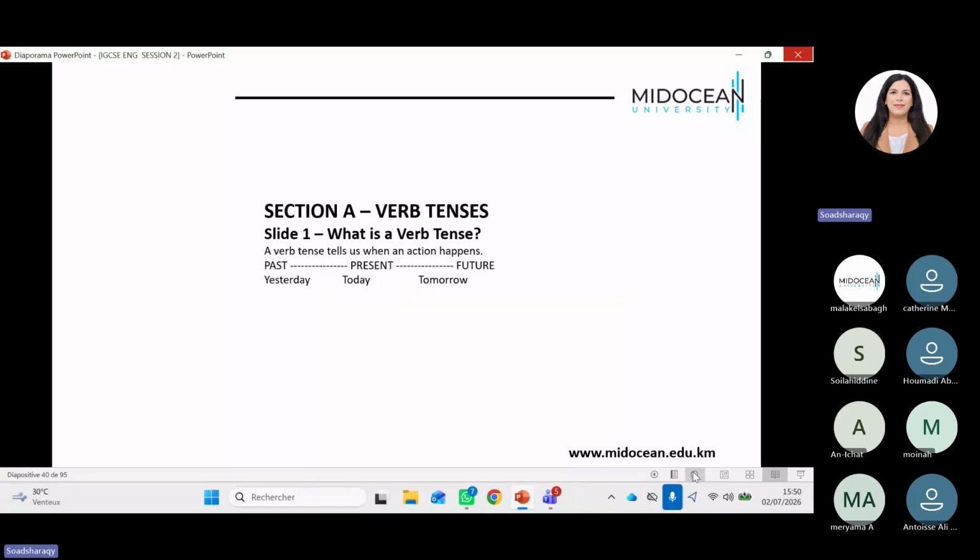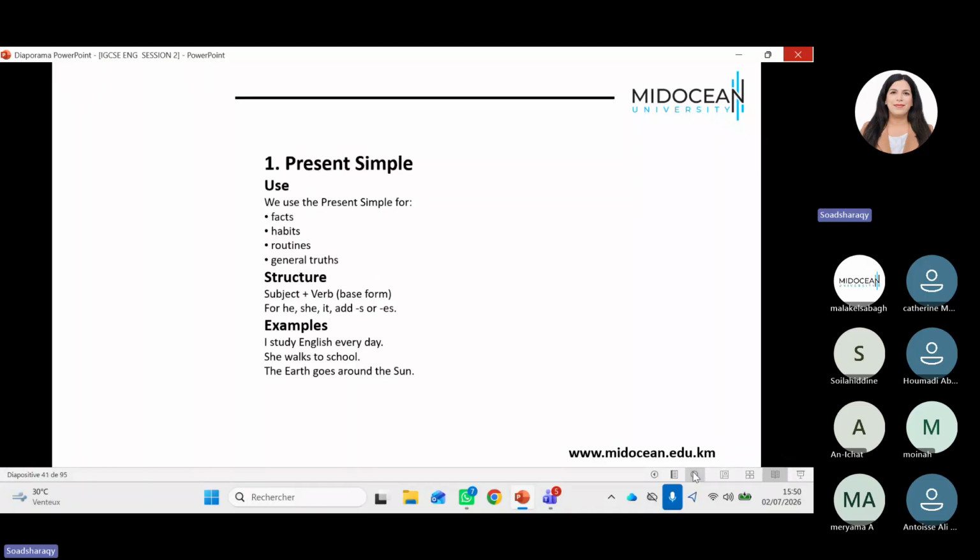So, section A, verb tenses. What is a verb tense? A verb tense tells us when an action happens. For example, the past, the present, the future. The past, I mean yesterday, the present, today, the future, tomorrow. Let's start with the simple present tense. We use the present simple for facts, habits, routines, general truths. The structure is subject plus verb, the base form.